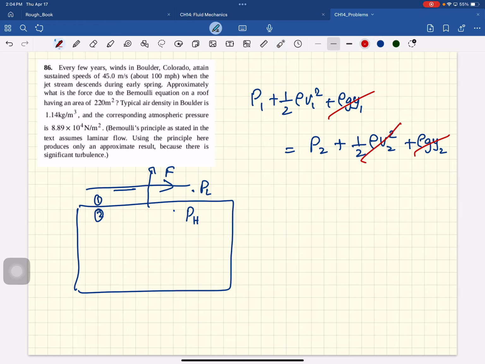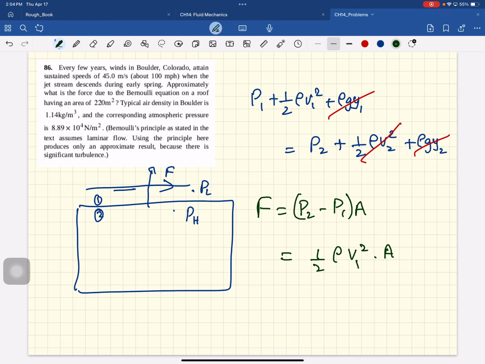Okay. So what is the upward force? The force is P2 minus P1 times the area of the roof. P2 minus P1 is 1/2 rho V1 squared, times the area of the roof.